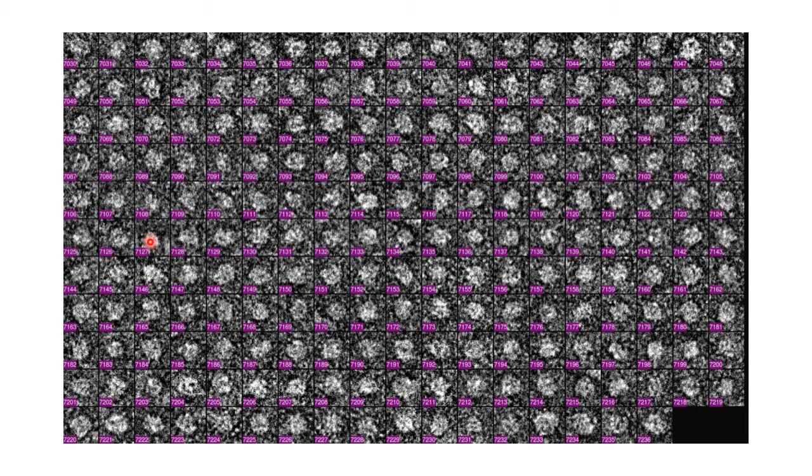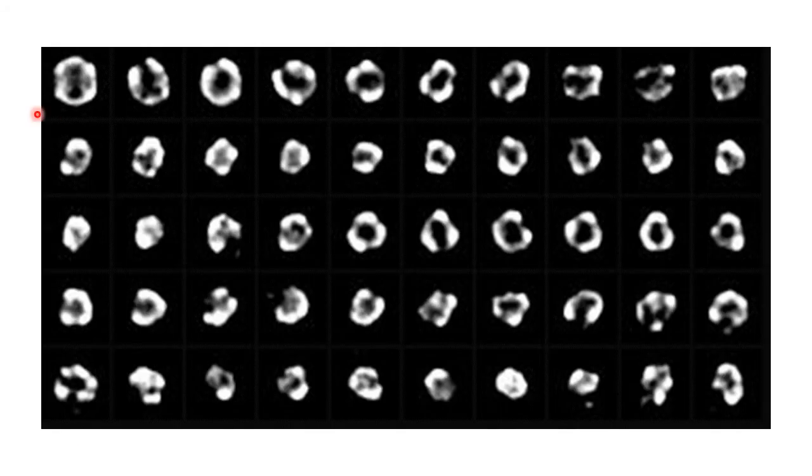In this manner, we get a unified image for many different orientations of the molecules of the specimen. All of those images which correspond to one particular orientation of the specimen are combined together to produce a unified image. Here you see the same specimen in different orientations.